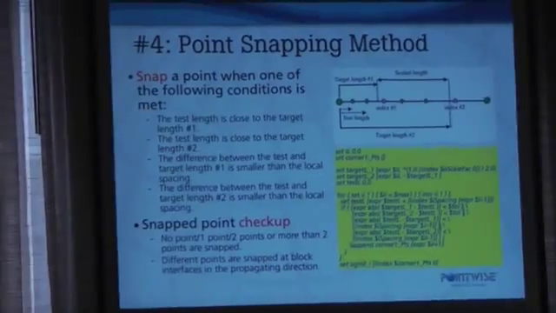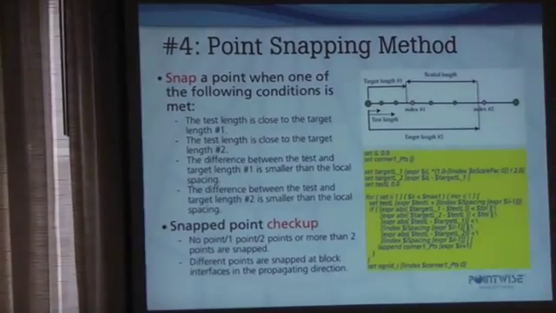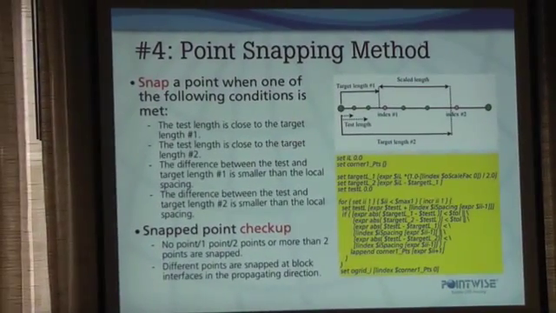So this slide answers the question I mentioned in the last slide: how to snap the points on a connector. Say you have a connector here; those 2 points in red are our targets. We need to find those 2 points, and only 2 points, not 3, not 1, not 4.